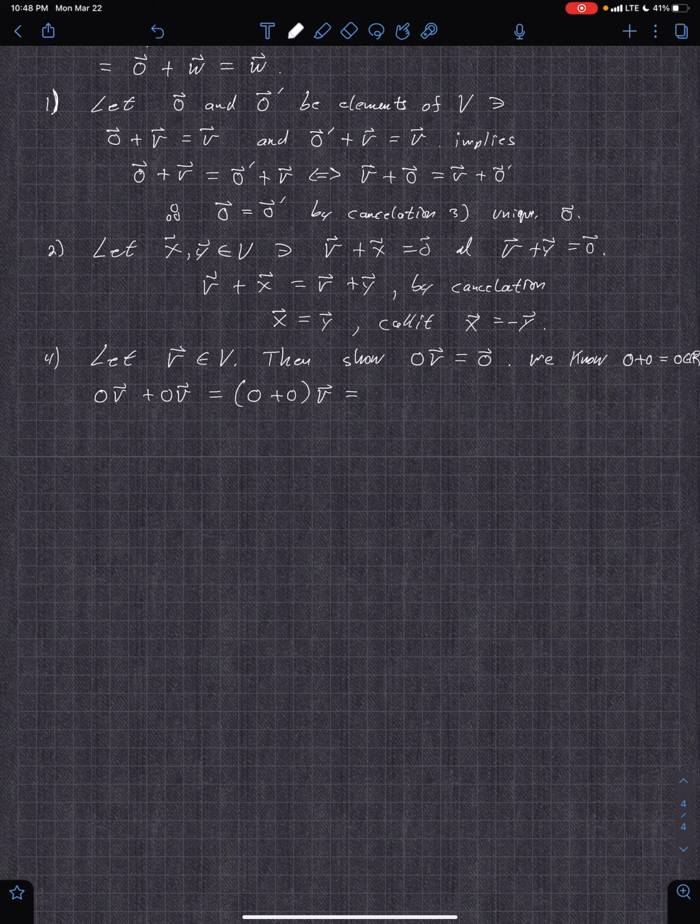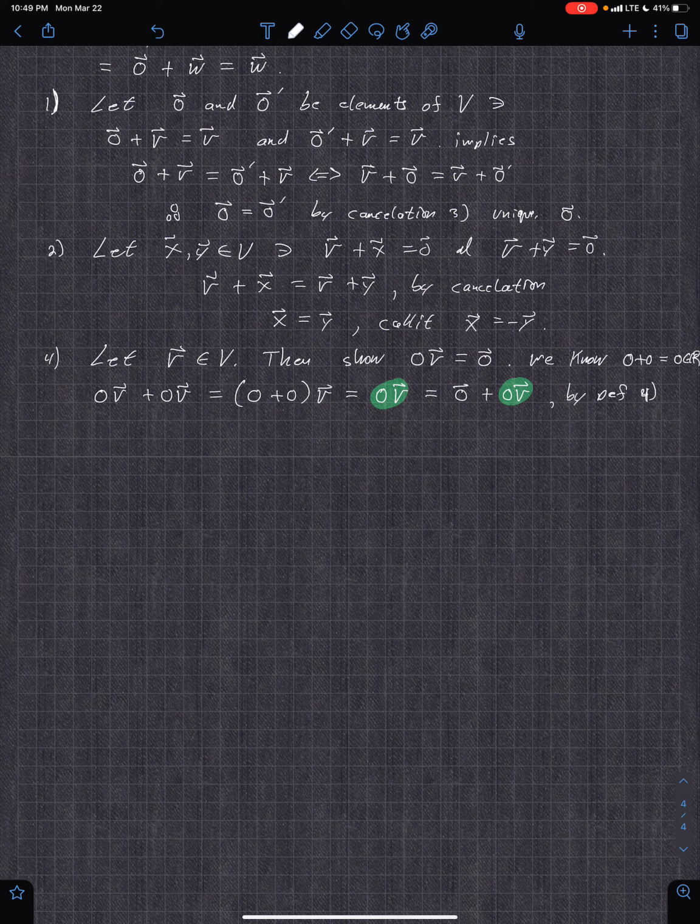But we know 0 plus 0 is 0, so that's 0 times v. But we also know that the 0 vector plus any vector is equal to that vector. So we know the 0 vector plus 0 times the 0 vector. This is where I'm just stating a property of vector spaces. Actually I found it by definition 4.